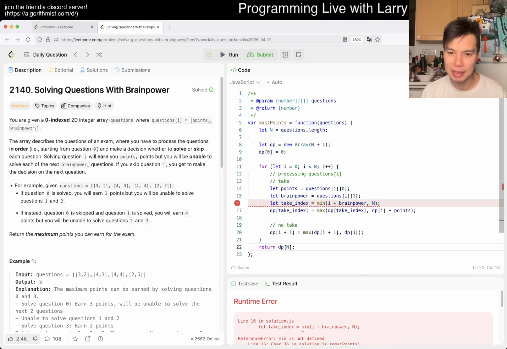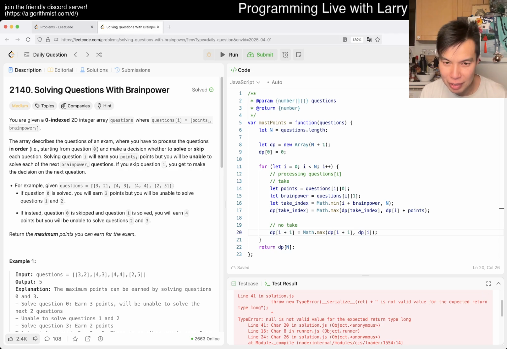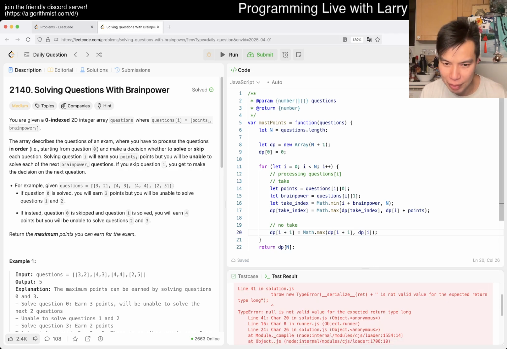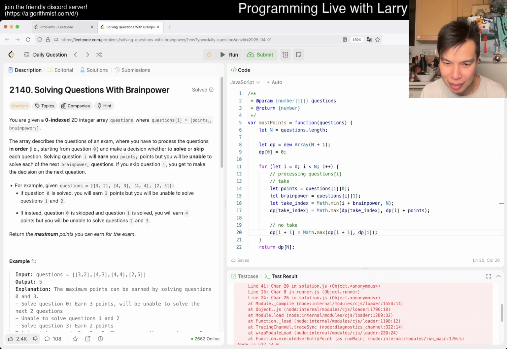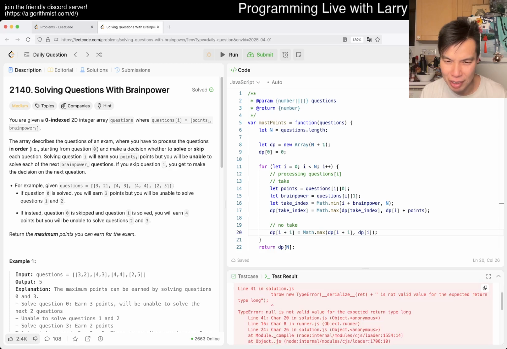Is it math.min? I always forget. Don't know how to do programming things anymore. Well, definitely should not return no. But oh, I see. Wait, what? Oh, this is a long way to just not tell me which way it is. Oh, line 41.